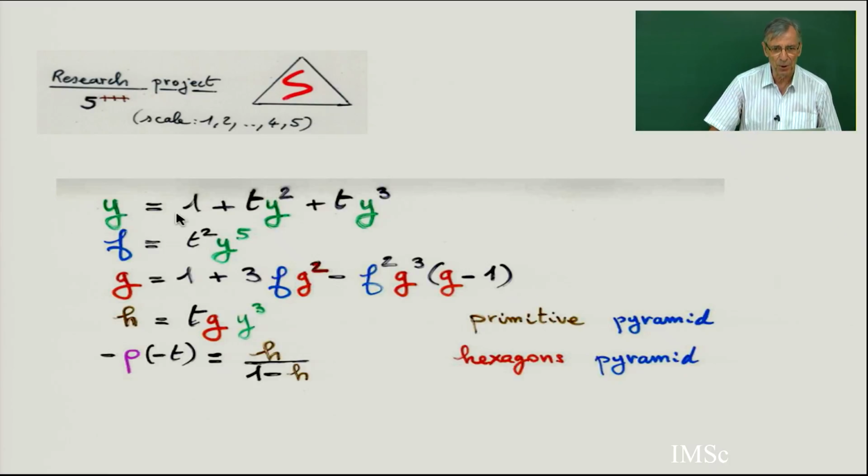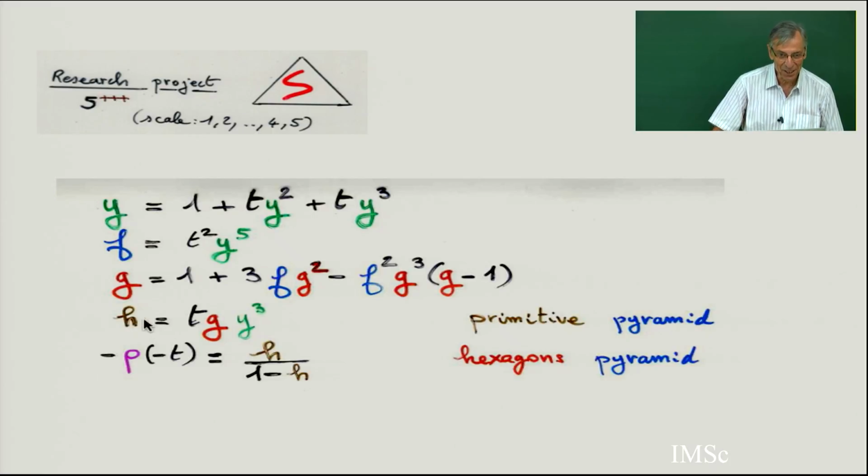First equation, y equals 1 plus t y squared. Oh, if I cancel this, I would have Catalan numbers. But I have an extra term, it's Dyck paths where you can jump at level minus 2. An extra step. Now you put f equals t squared y to the power 5. And then g equals 1 plus 3 f g squared minus this term in f and g of degree 4.